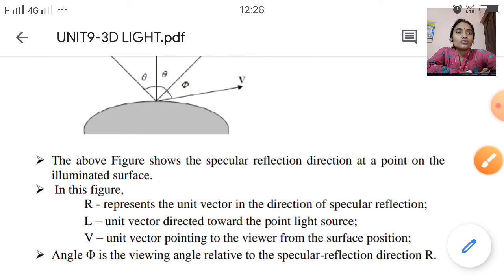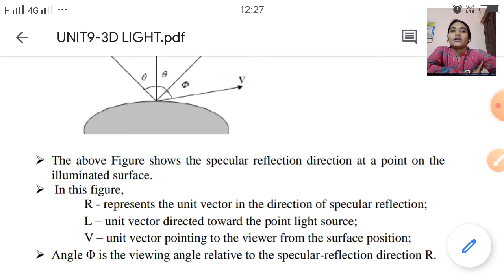Okay, so after this, we have completed three types of methods of the basic illumination model. One is ambient light, the second is diffuse reflection, the third is specular reflection. All these things we have completed, so your unit 9 chapter will be completed here.